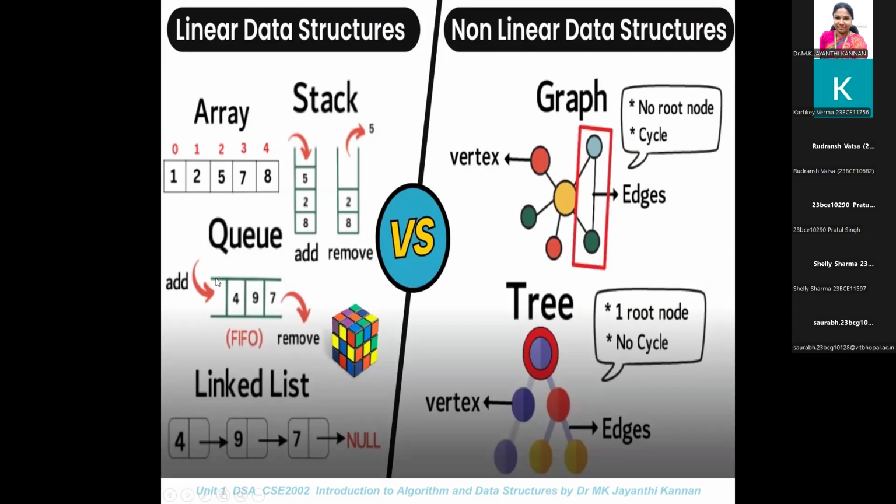If it is a queue, it is first in, first out. The first person who entered and is standing in the queue is served first. It is one way to add, one way to remove. We add at the rear and remove elements from the front. Front is the beginning, rear means the end. Through the rear we add into the queue, and through the front we remove the elements.